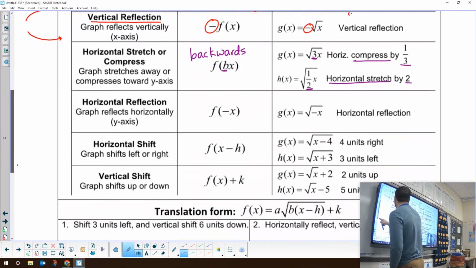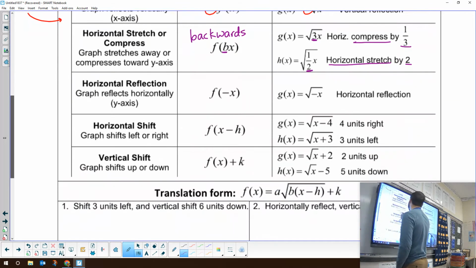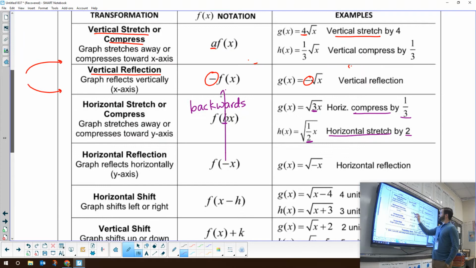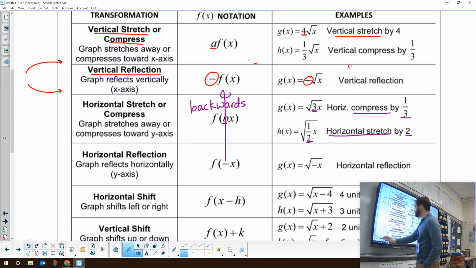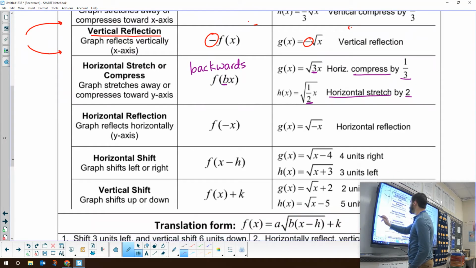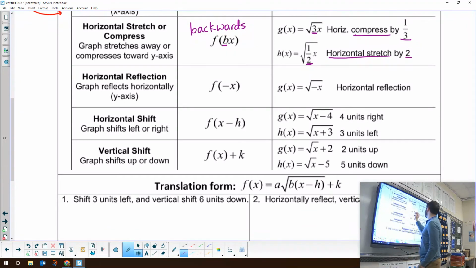Okay, so let's talk about our horizontal reflection now. So B also can be negative. If you have a negative on the inside, so if you have a negative B, that is a horizontal reflection. Now, what does a horizontal reflection look like?